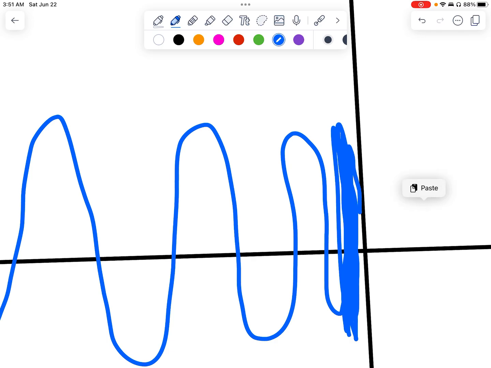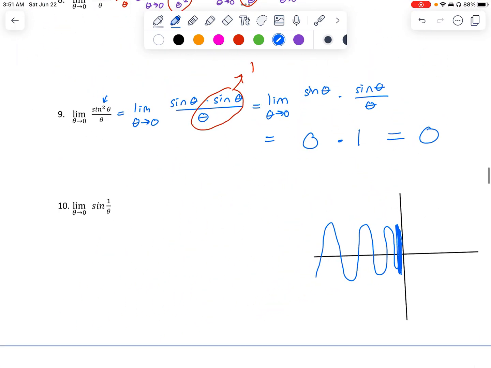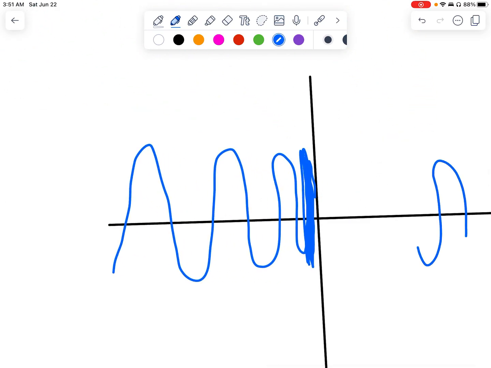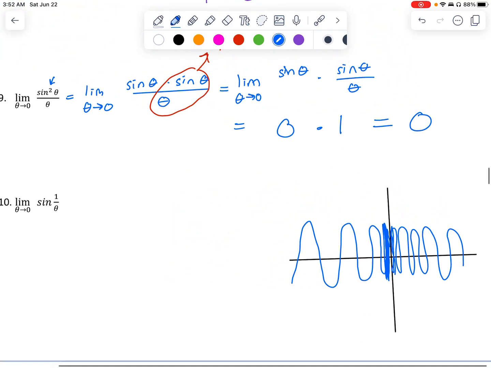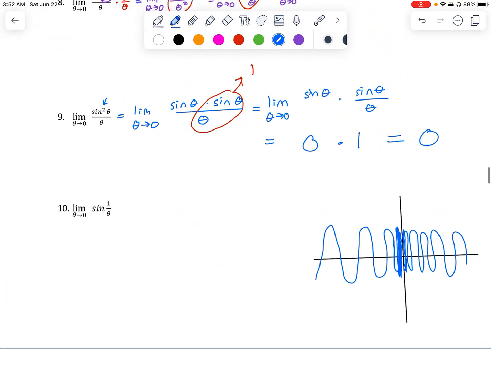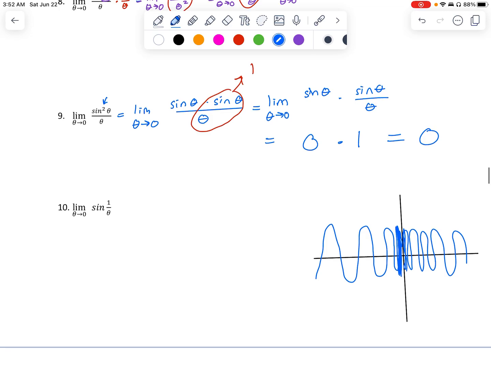If I take the right-handed limit, it approaches 0 in this way, but again, it can never actually cross 0, so it just keeps oscillating, trying to get closer and closer to 0, but never getting there. Since it's oscillating between -1 and +1, it doesn't approach any one number. So this one does not exist.